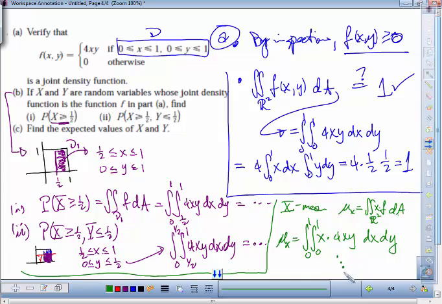Now, the only thing that you should worry about is that whatever answer you get here, that number should be between 0 and 1, because that's where the domain lives. Your mean should be between there. And it's not necessarily right smack in the middle, because it's not a plain uniform function.